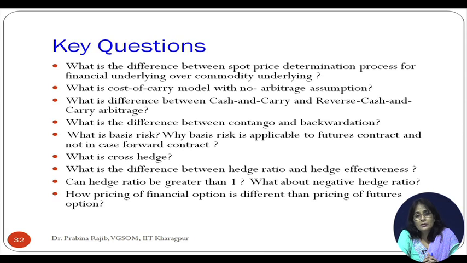We also spent some time understanding what is a cross hedge, and in the last couple of sessions we discussed what is a hedge ratio, what is a naive or 1-to-1 hedge ratio, what is minimum variance hedge ratio, and what is hedge effectiveness measured by the coefficient of determination.